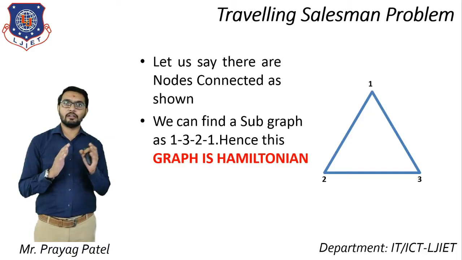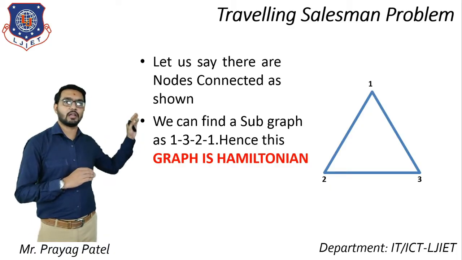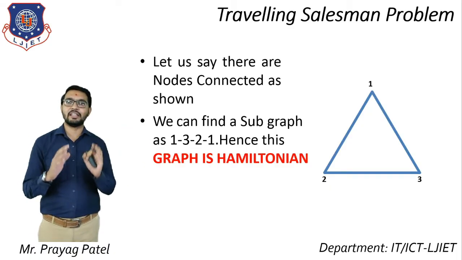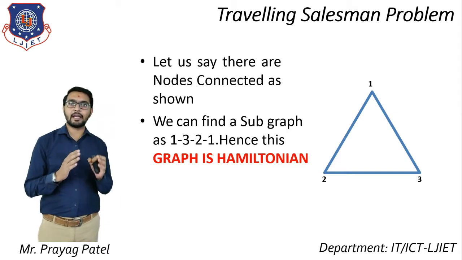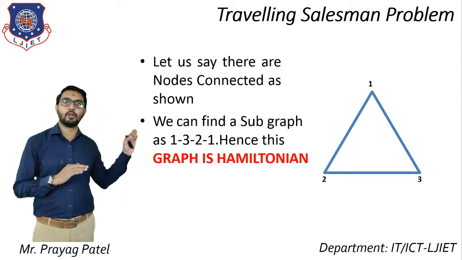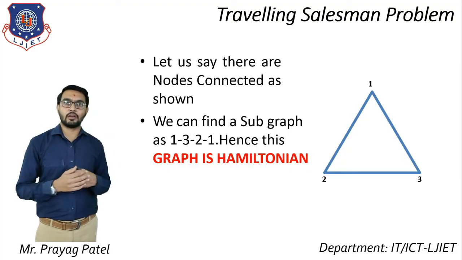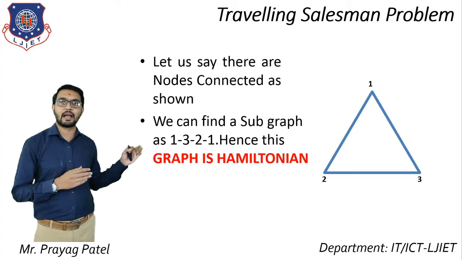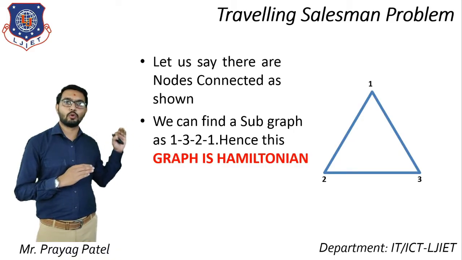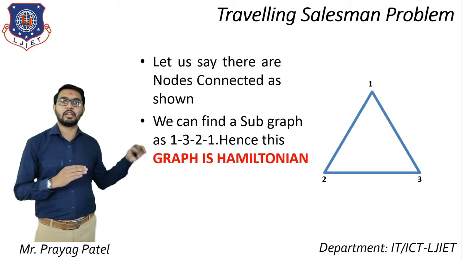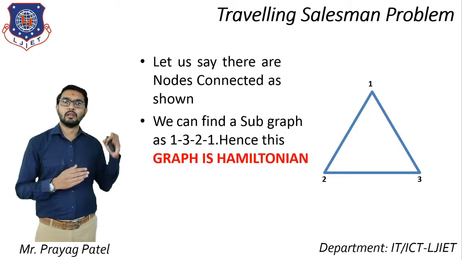Here consider one figure. In this figure consider 3 nodes as 3 cities. Let us say there are nodes connected as shown below. So we can say your Hamiltonian cycle is from node 1 to 2, then 2 to 3, then 3 to 1. Also we can say from 1 to 3, then 3 to 2, then 2 to 1.